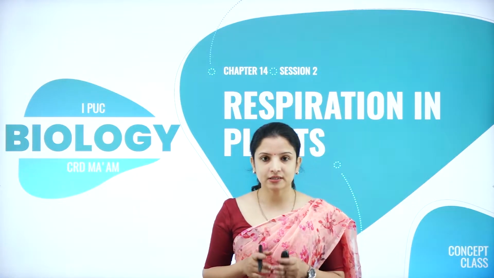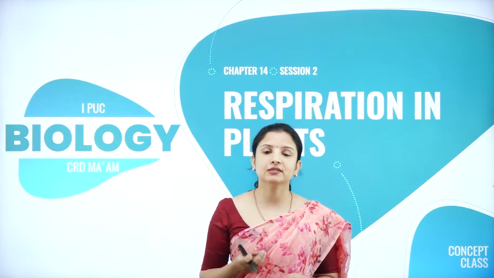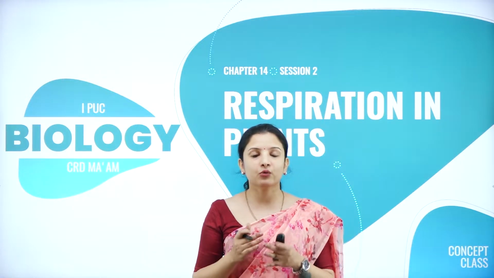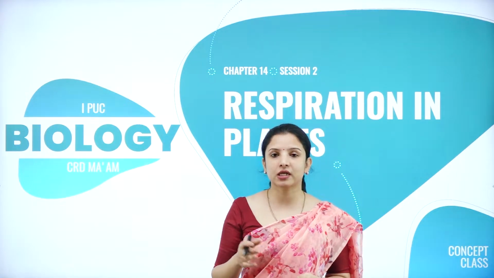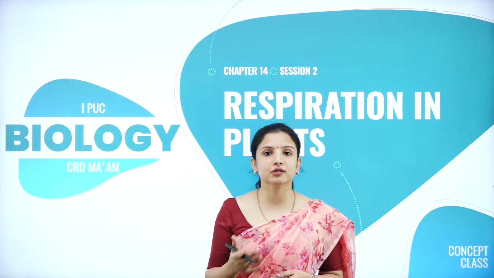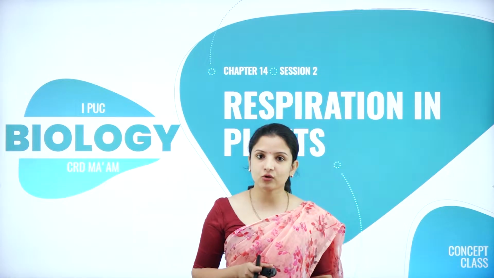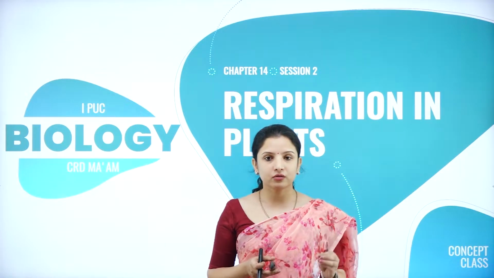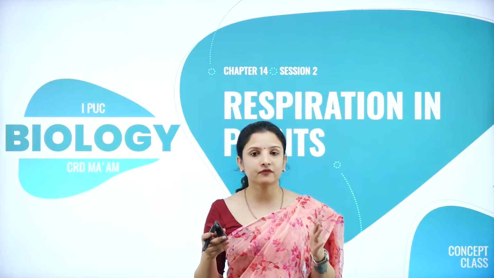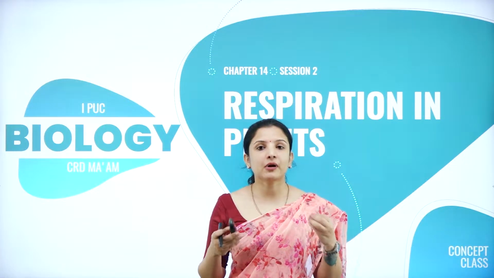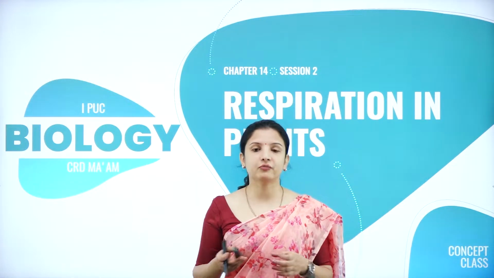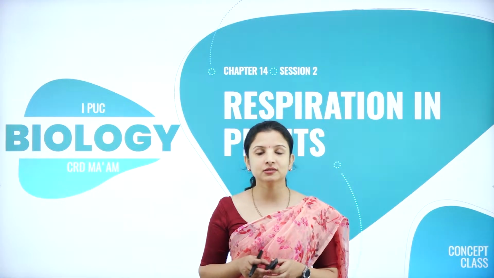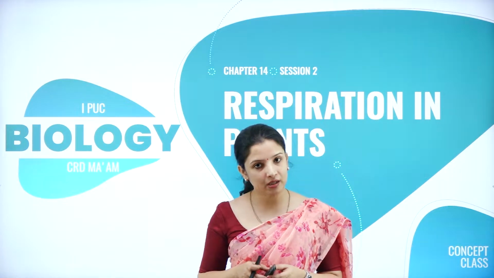And we also studied how the food that is produced, be it in the plant or food taken in by human beings, the glucose will be converted into 2 molecules of pyruvic acid, which is an aerobic as well as an anaerobic process, wherein oxidation will occur. The glucose gets split, or partially oxidized, into 2 molecules of pyruvic acid in a 10-step process called glycolysis, which is also called the EMP pathway.